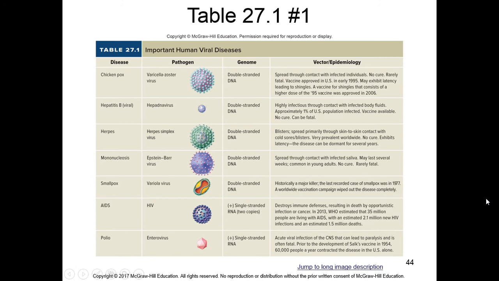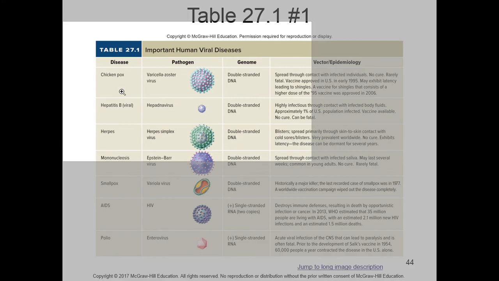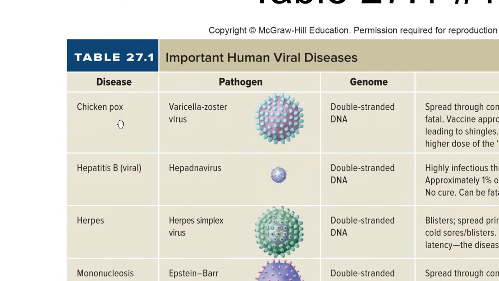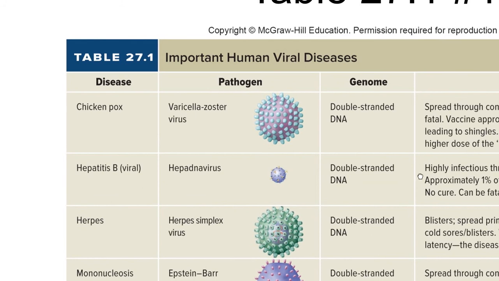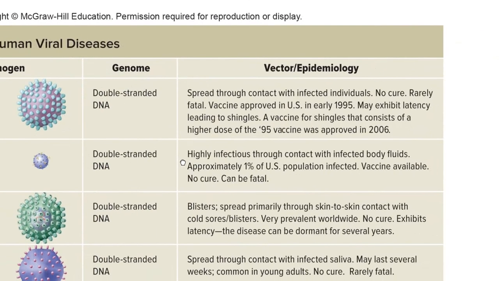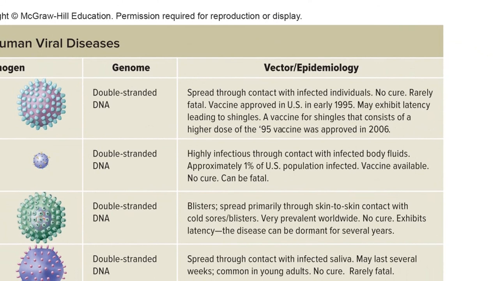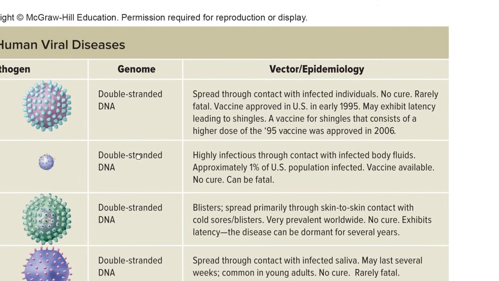Here you can see some of the common viral infections. For example, chickenpox is caused by varicella zoster virus, which has double-stranded DNA. It spreads through contact with infected individuals. No cure is available, it is rarely fatal, and a vaccine is available.